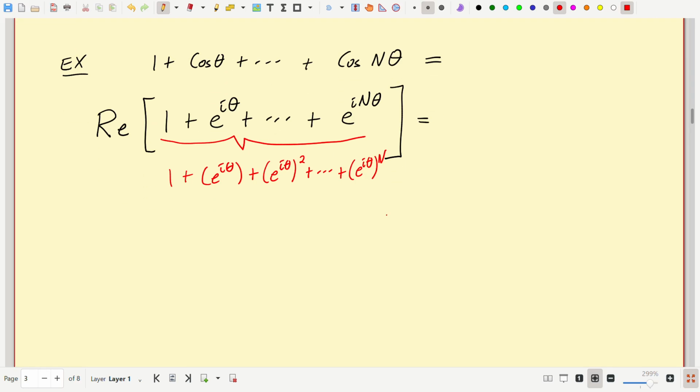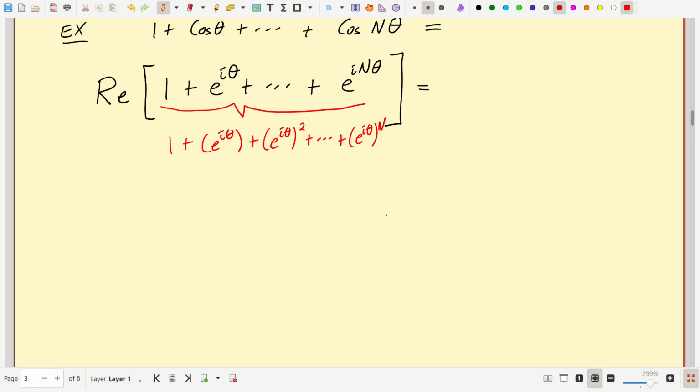And we just got a formula for the sum of a geometric series. This, the red part, is, let's see, what is it? 1 minus e to the i theta to the n plus 1 on top over 1 minus e to the i theta.